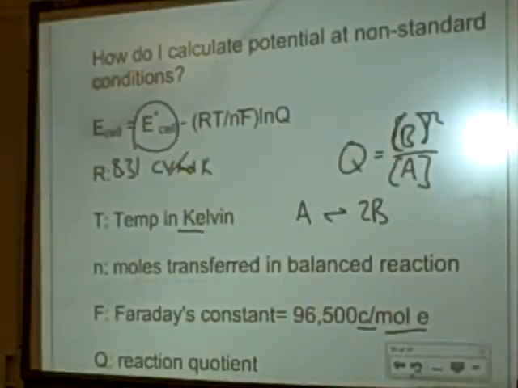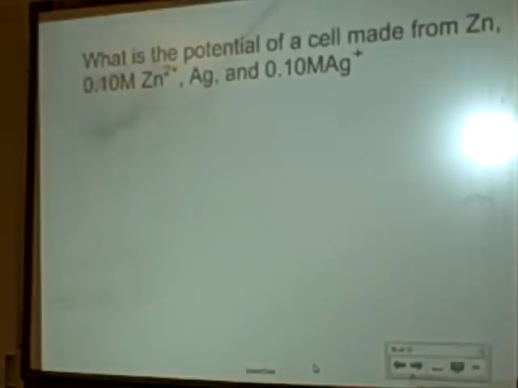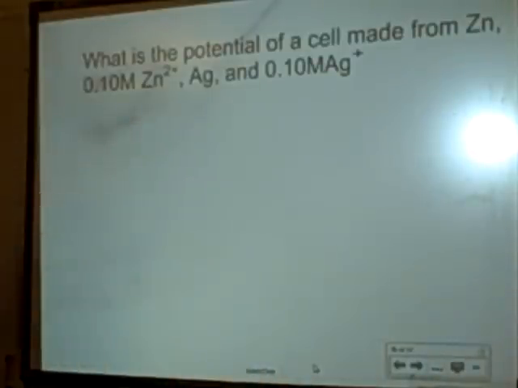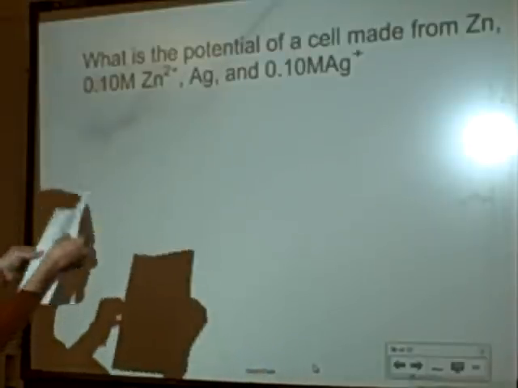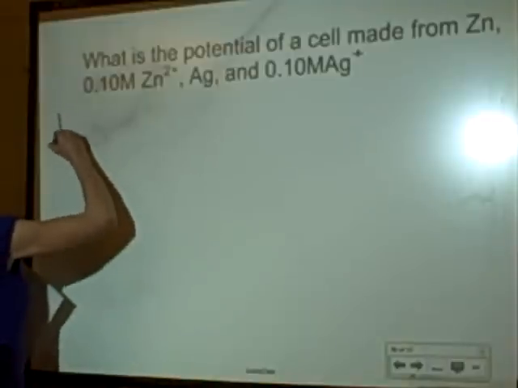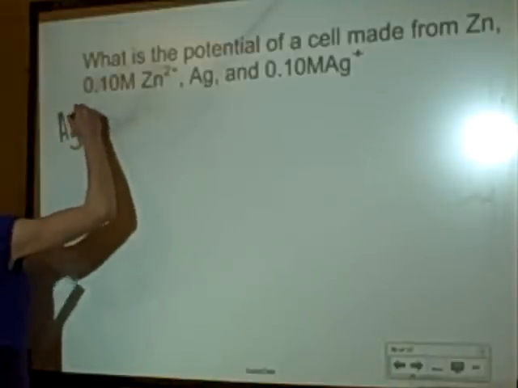So let's see, the cell we're going to use, we're going to calculate the potential difference in volts of a cell. It's going to be made from zinc and 0.1 molar zinc 2+, silver and 0.1 molar silver ion. So the first thing I want to do is take my standard reduction potential sheet. I've got silver plus.